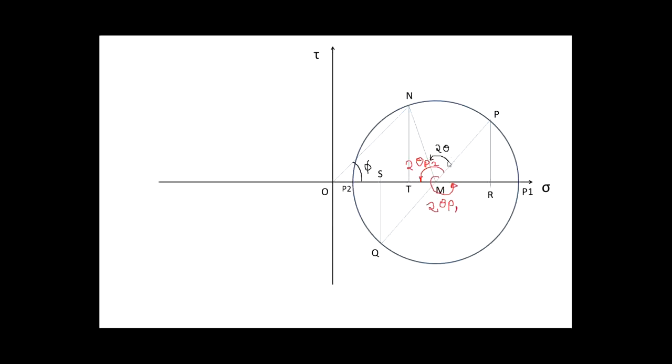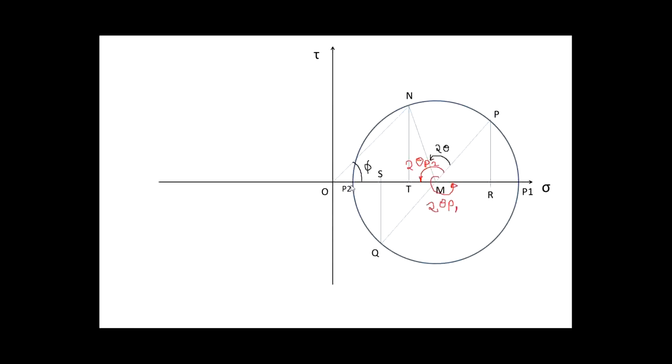Now, first principal plane. You have to start with the plane MP. The first plane from MP is the plane of P2, so it is twice theta P2. After that, the second plane is at P1, so from here the angle you take is twice theta P1.